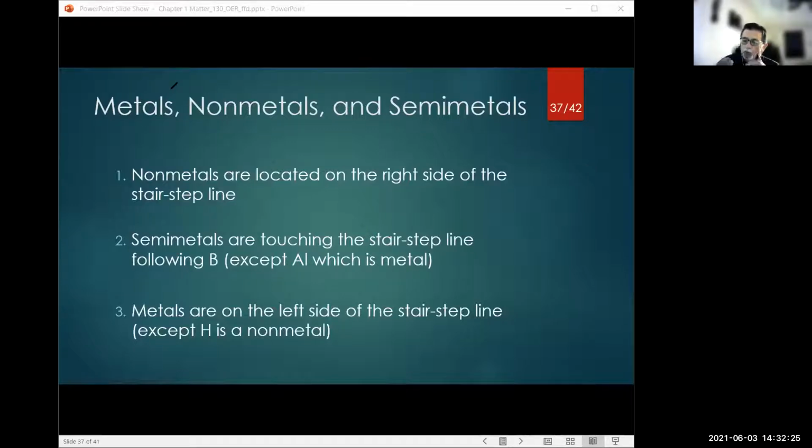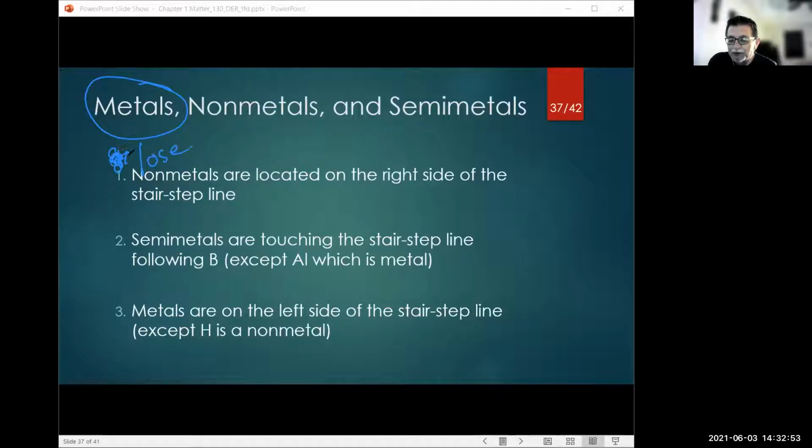Okay. When we talk about subatomic particles, and I said earlier, all the actions happen with the electrons. The electrons are the ones that the chemical reactions are about. You're going to lose or gain electrons in these chemical reactions. And that being the case, all metals lose electrons.